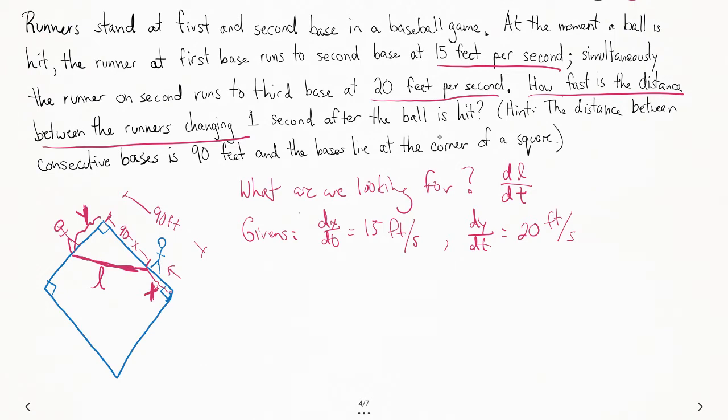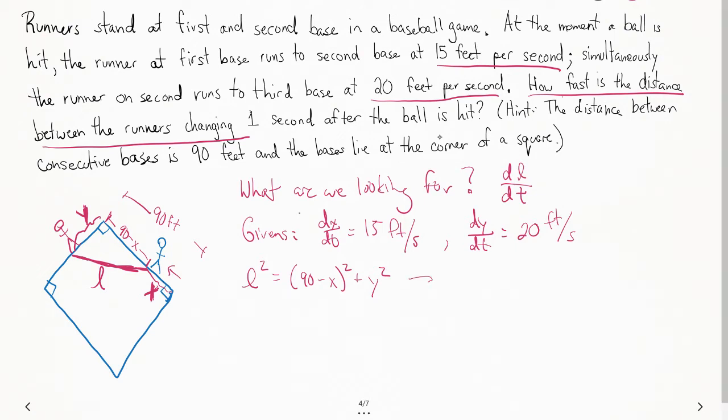If you look, we have a right triangle right there, so you can't really go wrong. We know that L squared equals (90 minus x) quantity squared, plus y squared. What we want to do is solve for dL/dt, so we need to take the derivative with respect to time on everything.